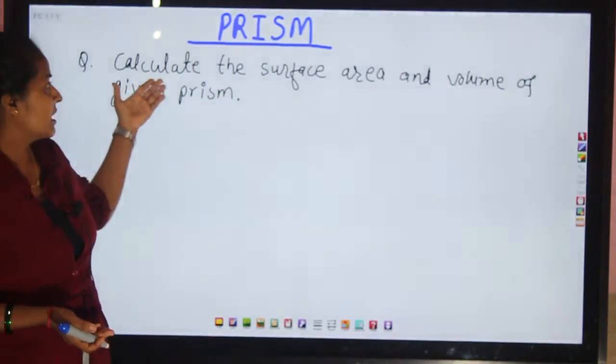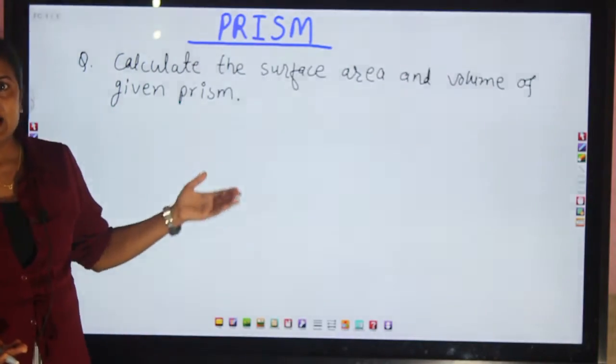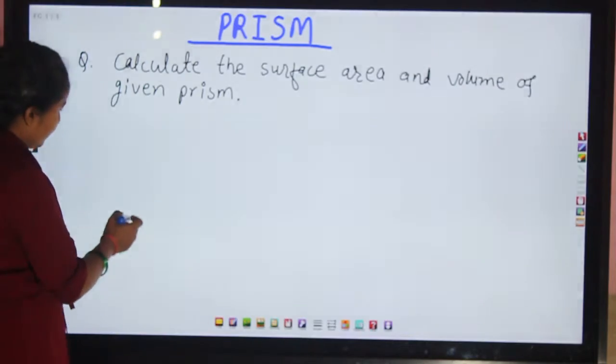Here is the question: calculate the surface area and volume of the given prism. I am giving here a prism. Okay, I am drawing here.